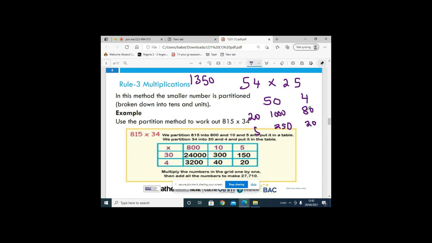So when you add them together, 1,000 and 250 gives you 1,250. If you add this one together too, gives you 100. So when you add them together, you are right. 1,250 plus 100 gives you 1,350. Thank you. You're correct. So that is that.